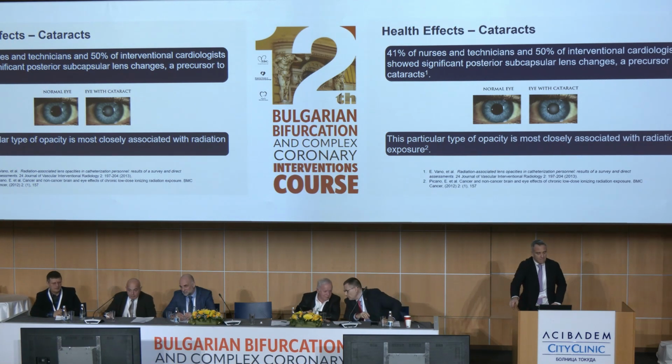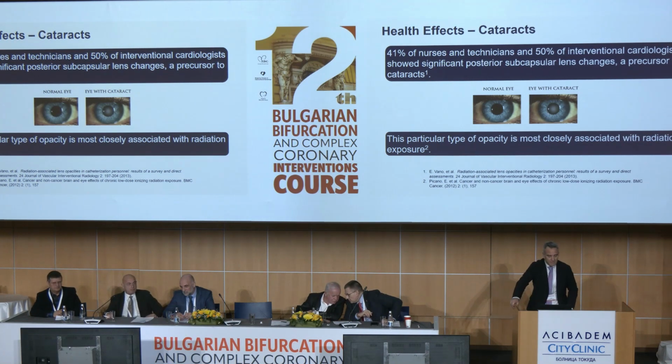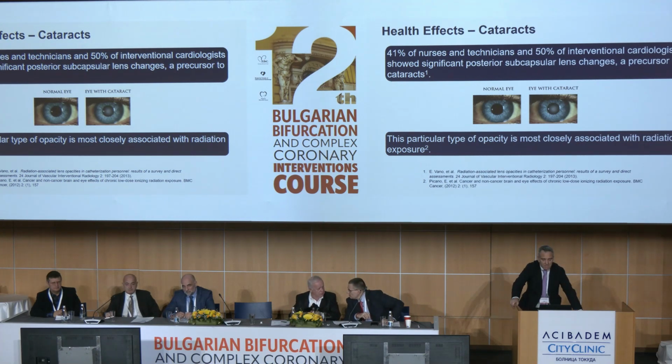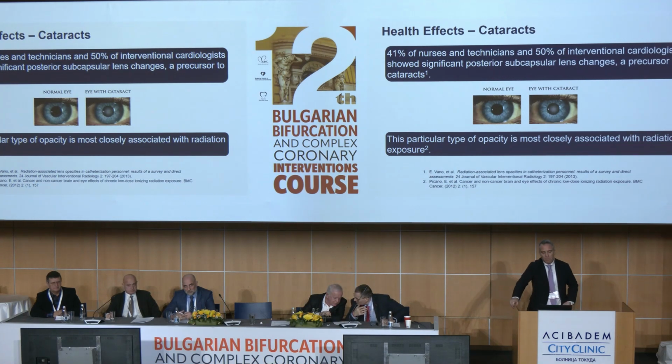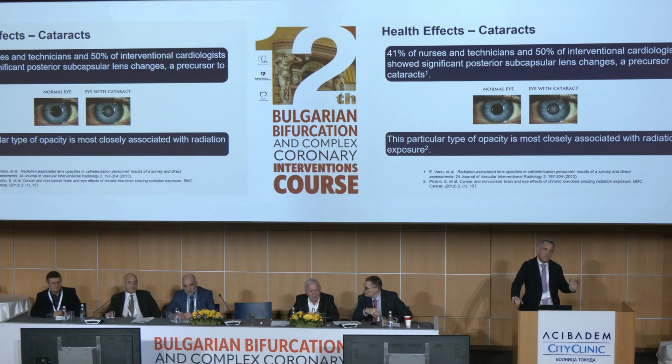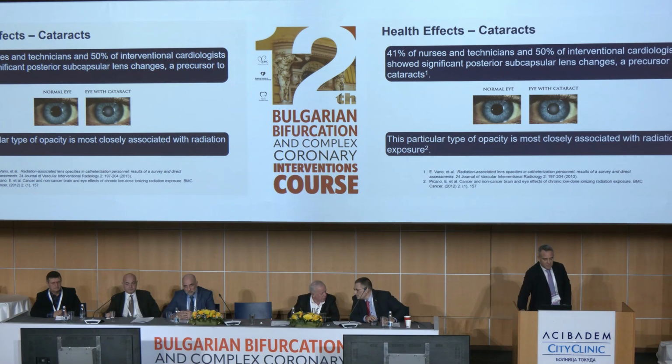Cataracts, of course, are really important. 41% of nurses and 50% of interventional cardiologists show significant posterior subcapsular lens changes, which is the precursor of cataracts. This particular type of opacity is closely associated with radiation exposure.